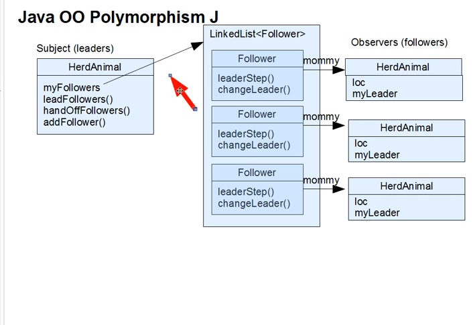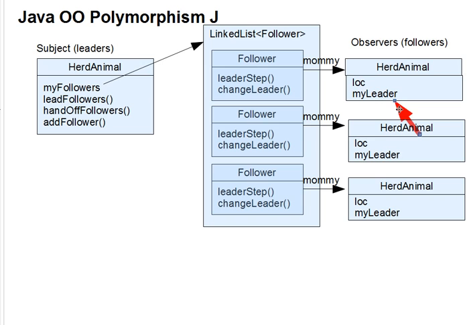Second, in our example, the observers register inner objects, followers, with the subject, and the inner objects are proxies or representatives of their mommy herd animal objects. This is a common approach, but we could also have simply made leaderStep and changeLeader into methods of HerdAnimal.